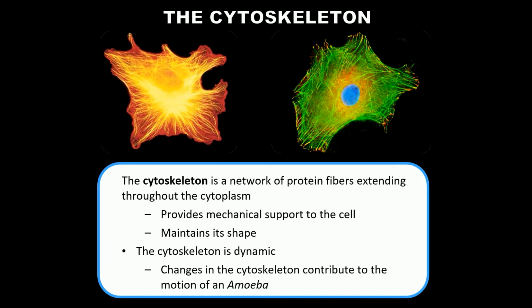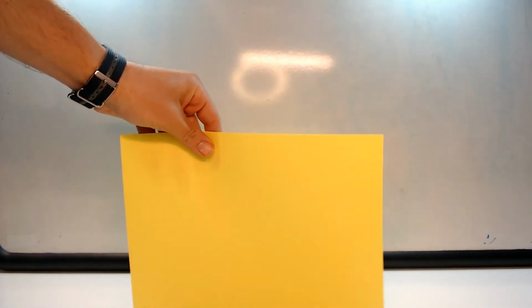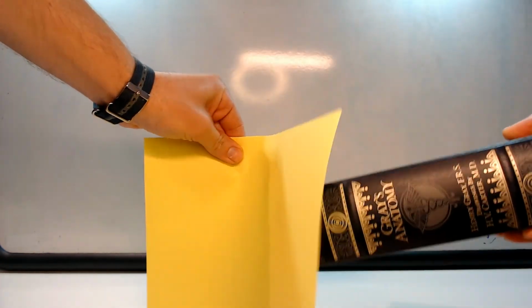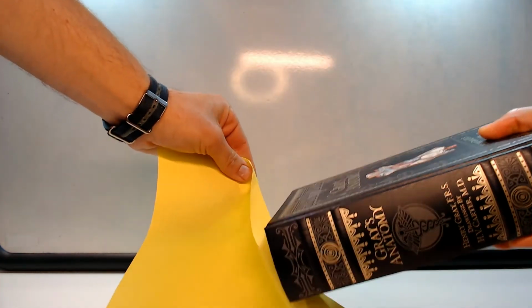Part of the reason for that is because it is made up of those nice sturdy microtubules with that nice cylindrical structure to them. If I were to take a sheet of paper and I were to try to get it to support some weight, it doesn't have enough structure to do that. It's a little bit flimsy for that.